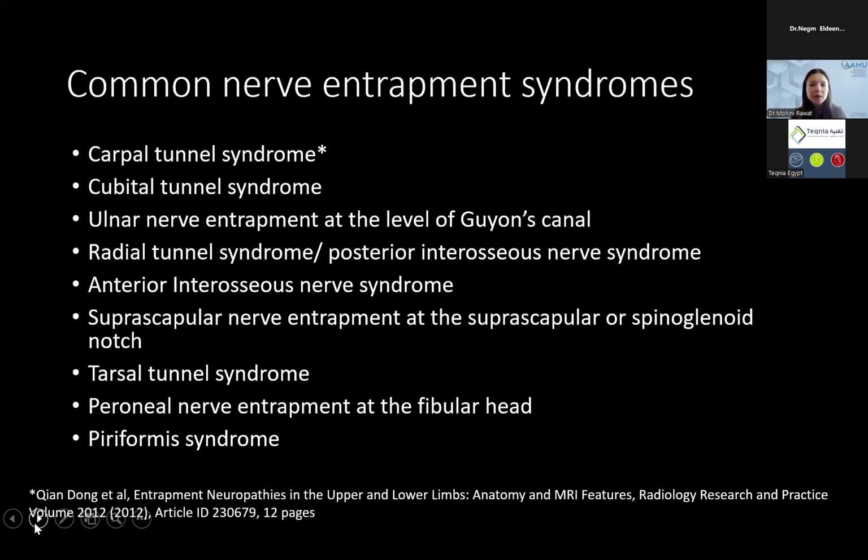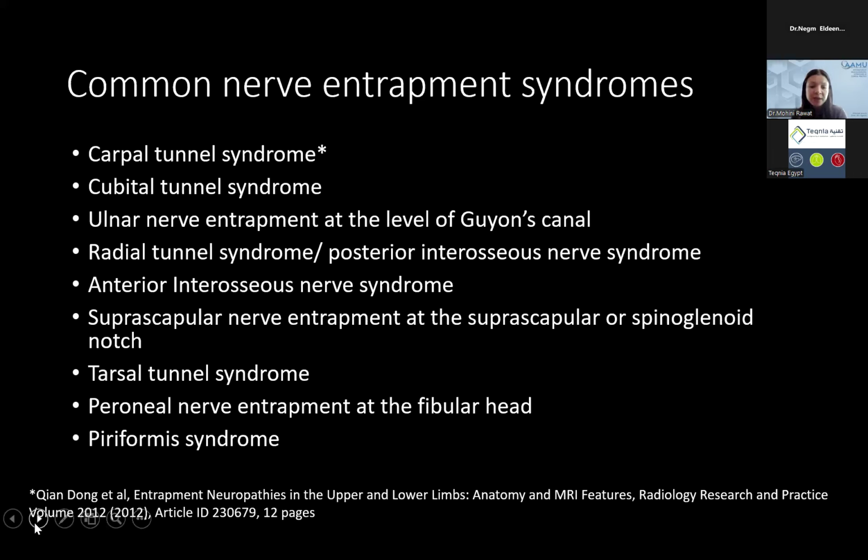Then we have cubital tunnel syndrome, which is ulnar nerve compression at the elbow, followed by ulnar nerve entrapment at Guyon's canal. We can also see radial tunnel syndrome or posterior interosseous nerve syndrome, anterior interosseous nerve syndrome, suprascapular nerve entrapment at either the suprascapular notch or spinoglenoid notch.